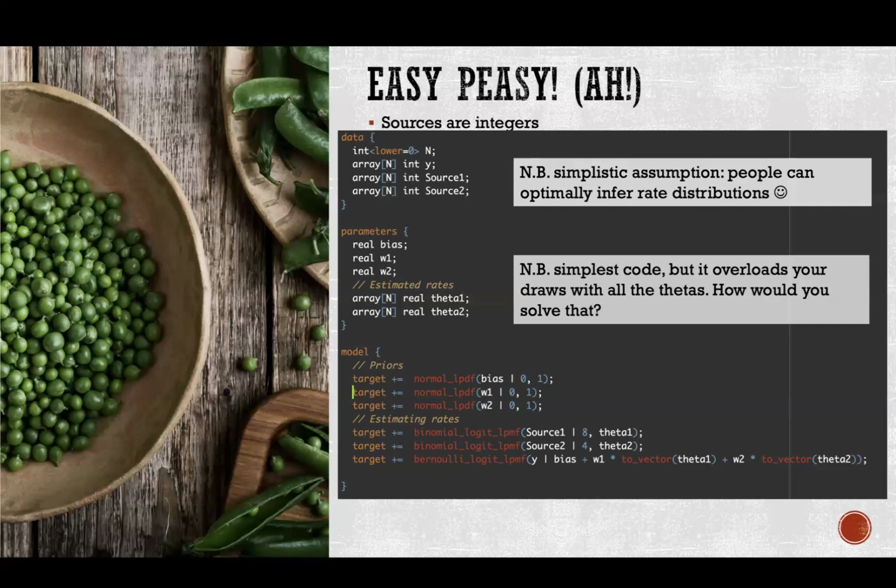I think maybe it's because I can't read the red. Is it a binomial logit LPMF? Okay. So here we're just abusing the sampler in a sense to reconstruct that underlying distribution. But it is estimated, though you could have used in R, I don't know, dbinom.